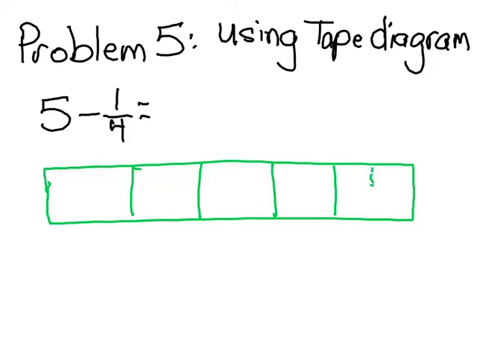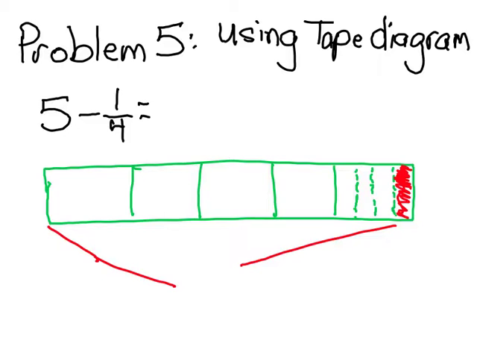Here's our quarters. We're going to take one of those quarters away and subtract it. That's the 1/4 we subtract. And our total now is right here. Is our total. That's our answer. So let's count that out.